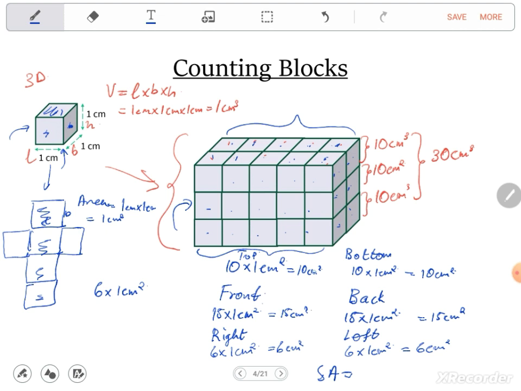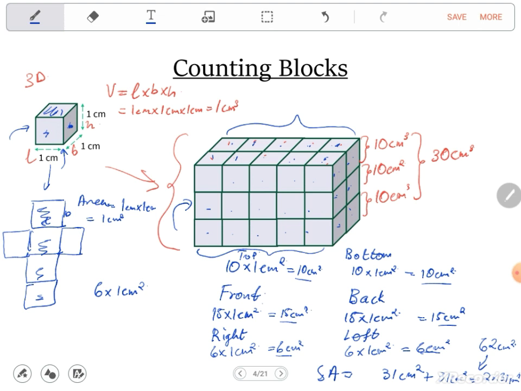So you'll notice that if you add 10, 15 and 6, you will end up with 31 centimeters squared. And for the other sides, the bottom, the back, and the left, it's the same. So it will be 31 centimeters squared as well. Or you could have said it is 2 times 31 centimeters squared. So essentially, this will give you 62 centimeters squared.